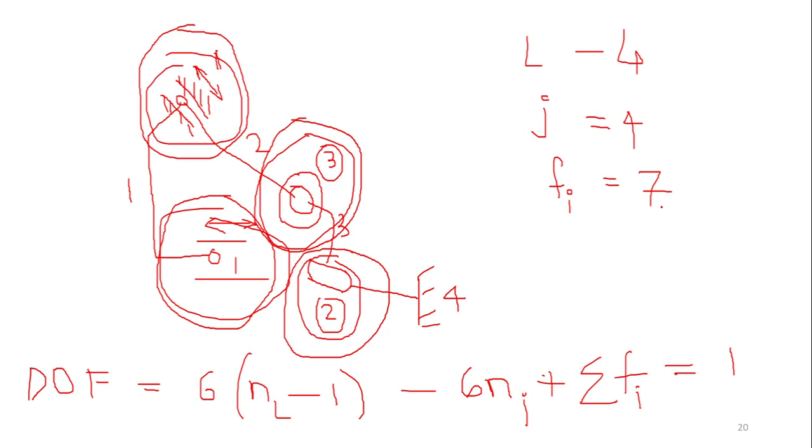Okay, sir. So 3 plus 2 plus 1 plus 1, 7. Yeah, no need to bother about the fixed position. That doesn't come under joint, that is a link. Only joints are to be considered for degree of freedom. Okay, right. Thank you.